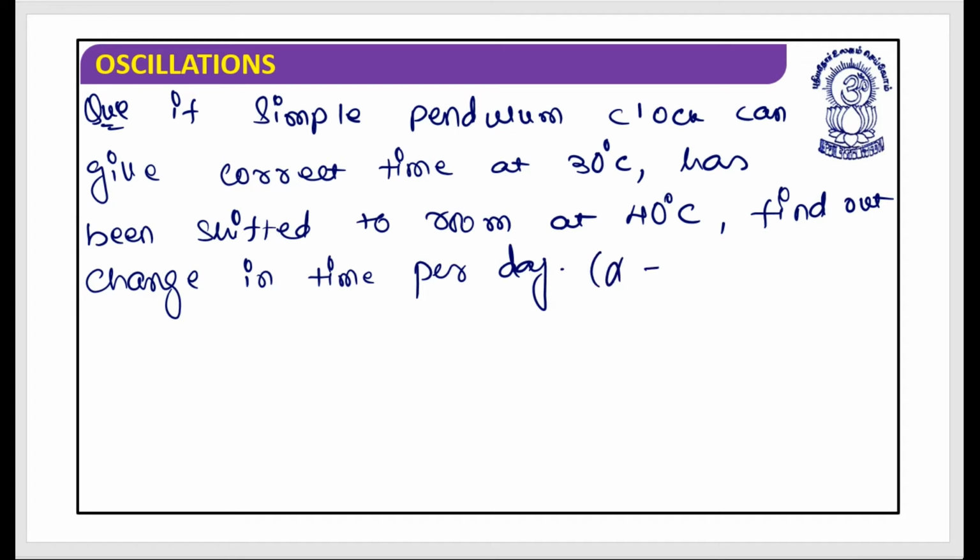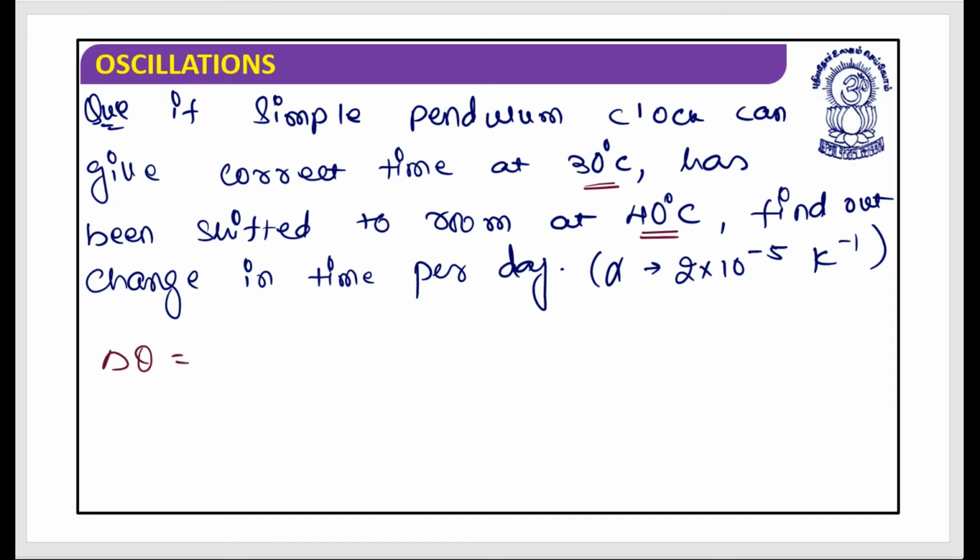They have mentioned that alpha of the material from which the pendulum has been designed is 2 into 10 to the power minus 5 per Kelvin. They have given the rest of the data: the clock works absolutely fine at 30 degrees Celsius, and has been changed to a new room at 40 degrees Celsius.